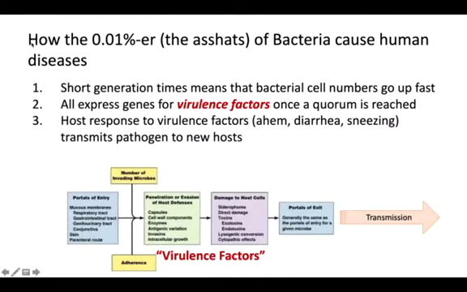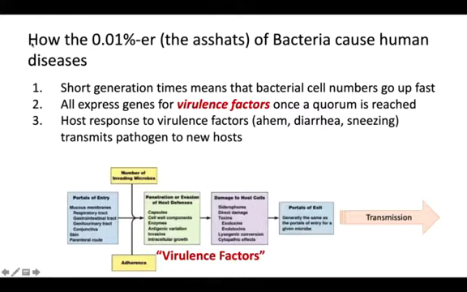Now, in the next slide, how do these 1%ers, these pathogens, cause human diseases? Well, they've got pretty much three attributes. First of all, they have short generation times, so the cell numbers can increase rapidly.